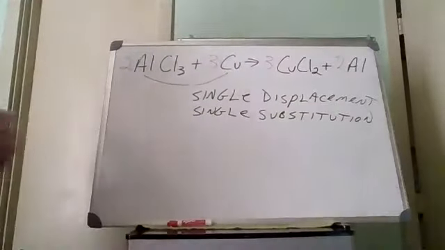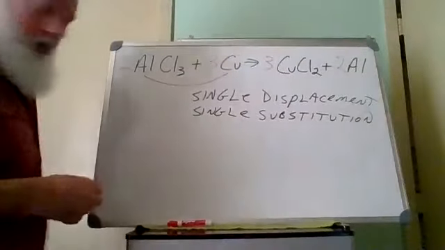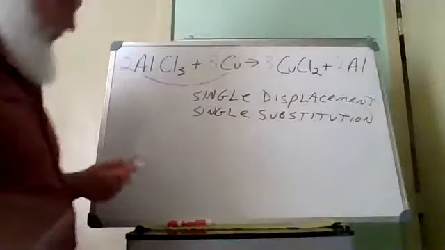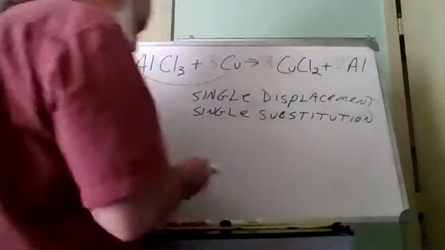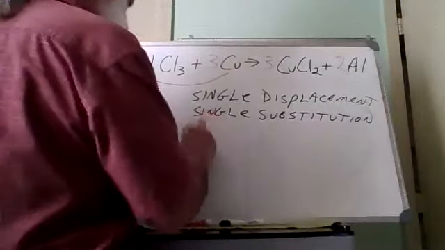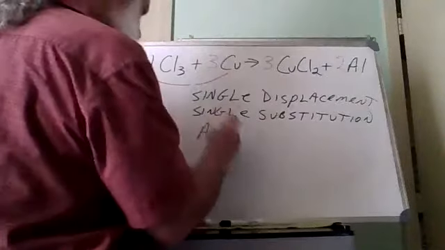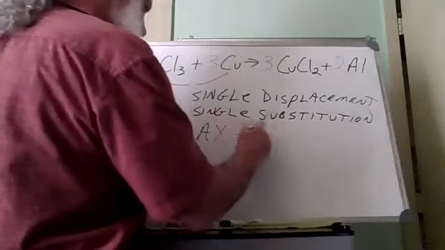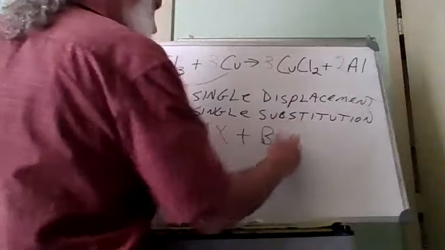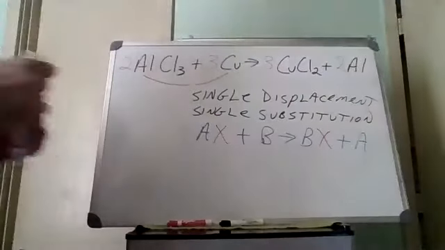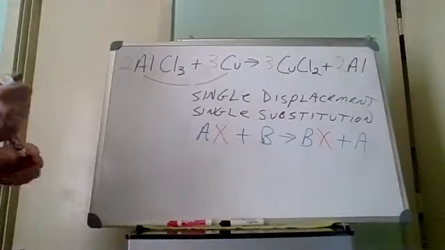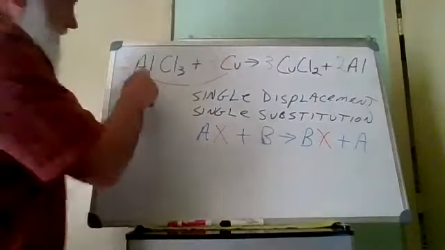And what's the general form? Well, the general form is... So why did I write those in different color? Notice, this is an ionic compound.